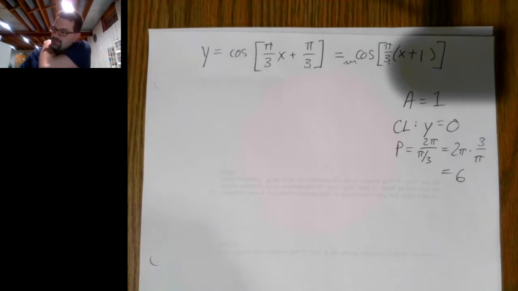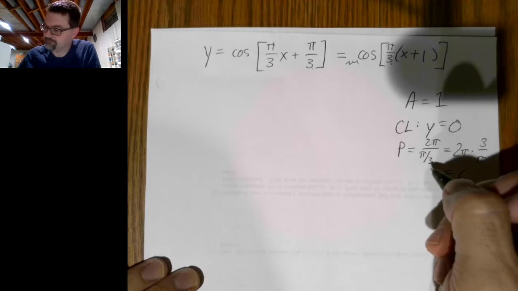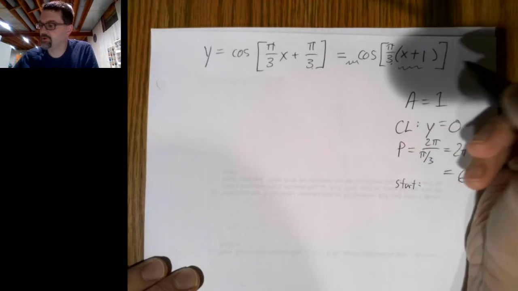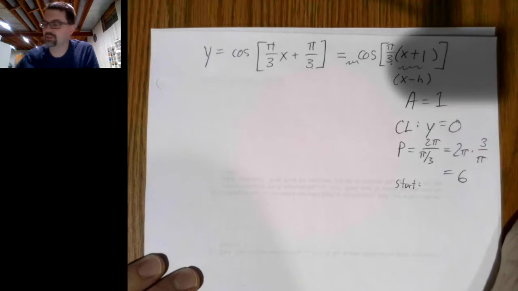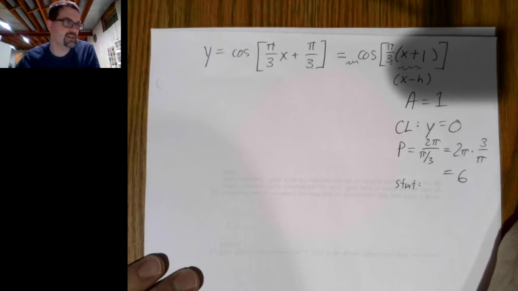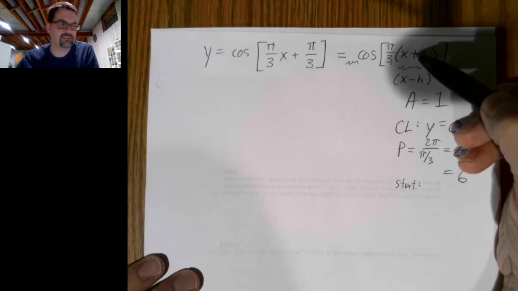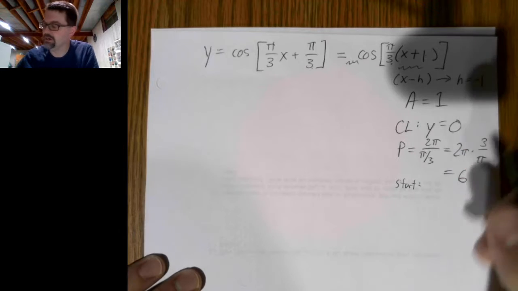So the only other thing is, where does this start and where does it end? Now remember, the basic form for these is that in the parentheses we have x minus h, and the function starts at x equals h then. So we have a 1 here, but we have a plus sign. So in other words, this corresponds to h equals -1.